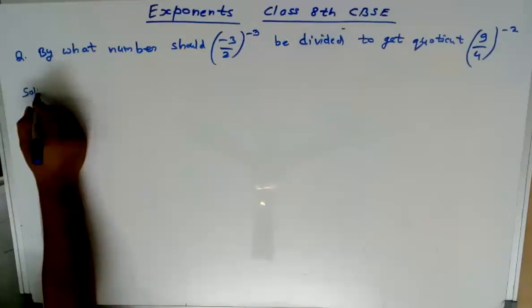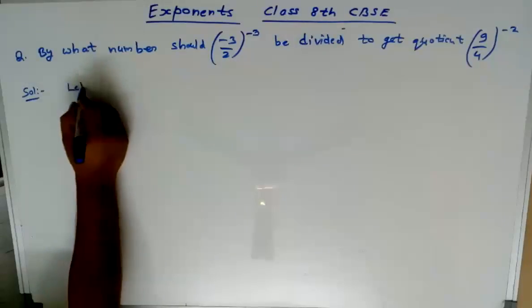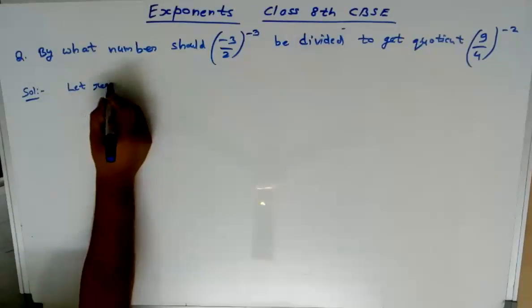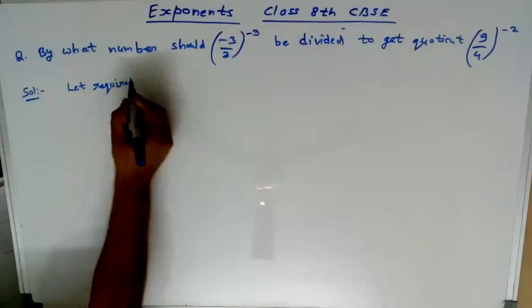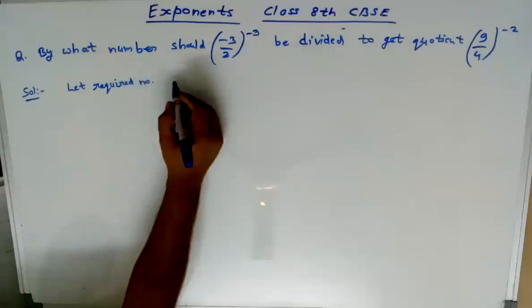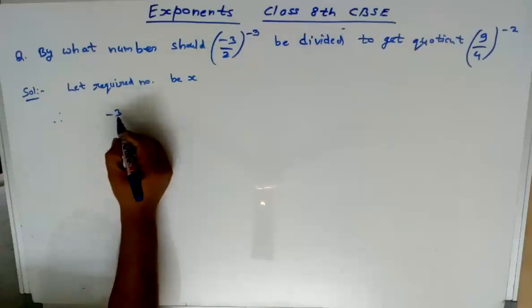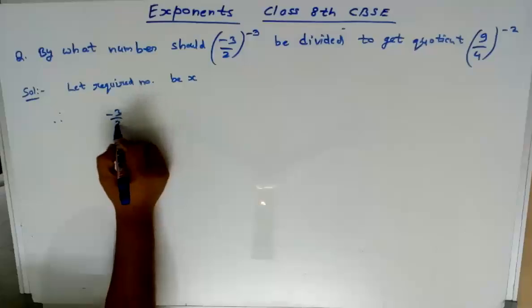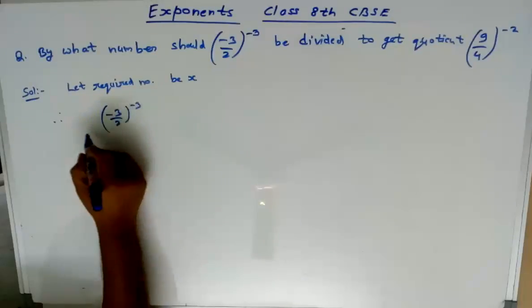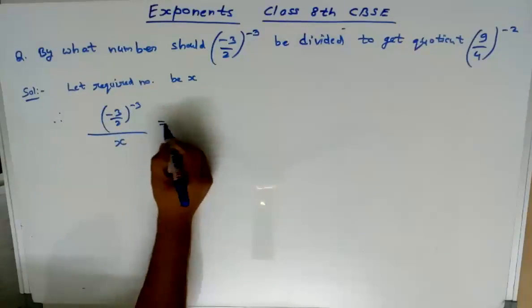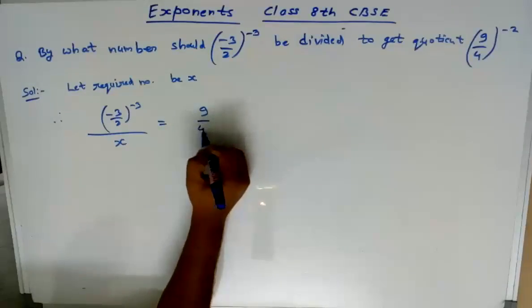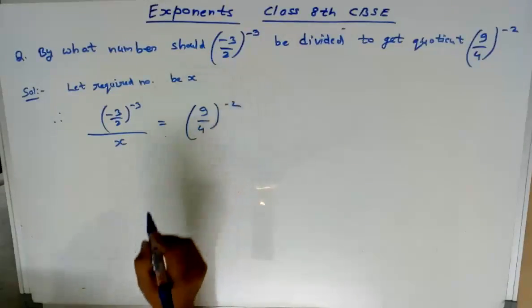Solution. Let the required number be x. Therefore, minus 3 upon 2 raised to the power minus 3, when divided by x, we will get the answer 9 upon 4 raised to the power minus 2.